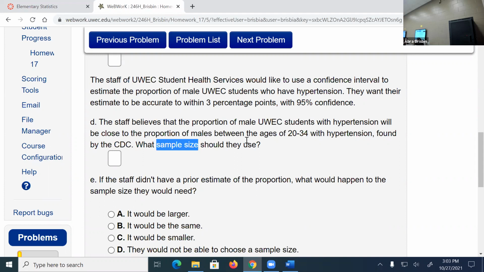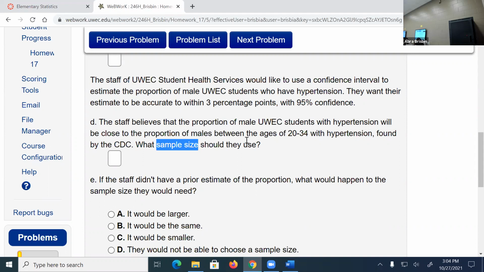All right, so for this problem, we were told that we want to be accurate to within 3 percentage points. So that's saying that E, our margin of error, is going to be 0.03, because we need our 3 percentage points written as a proportion, as a decimal.